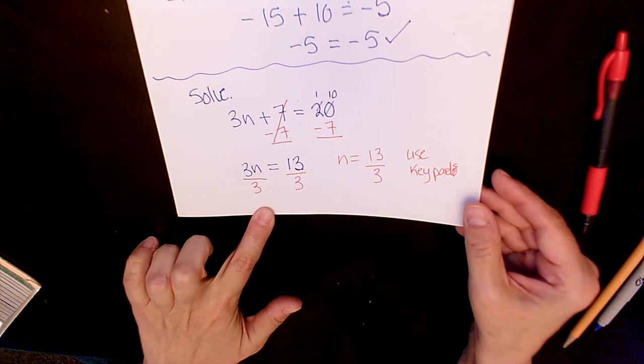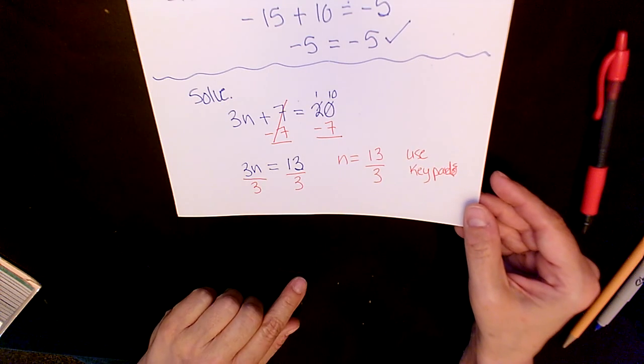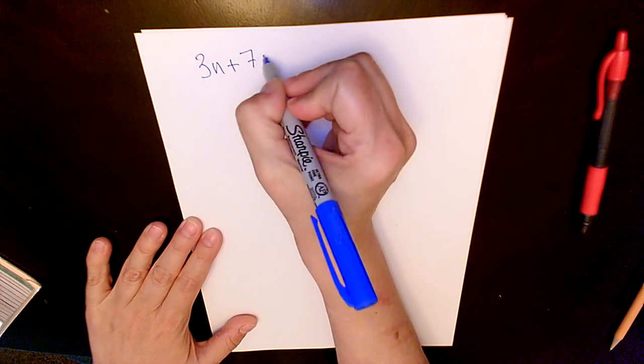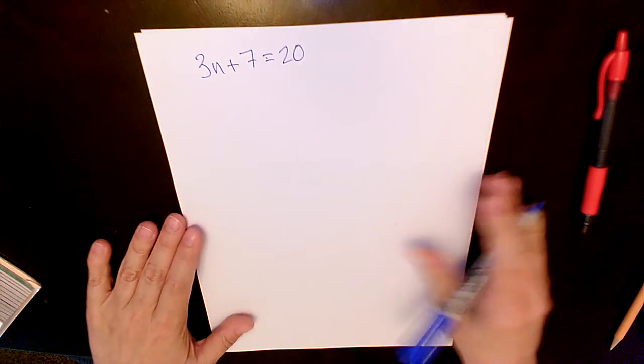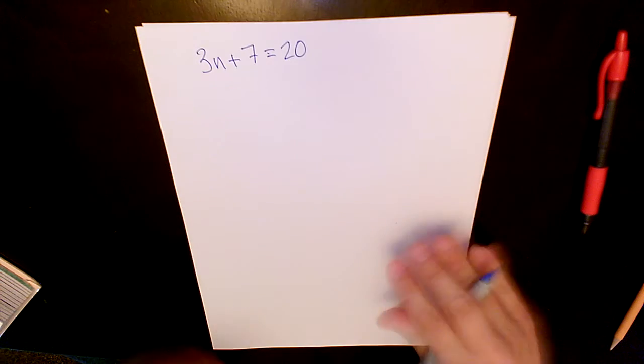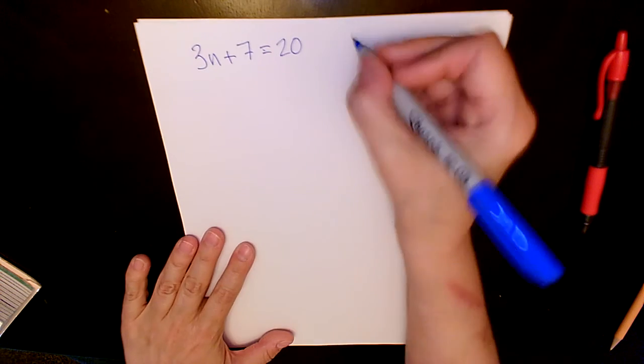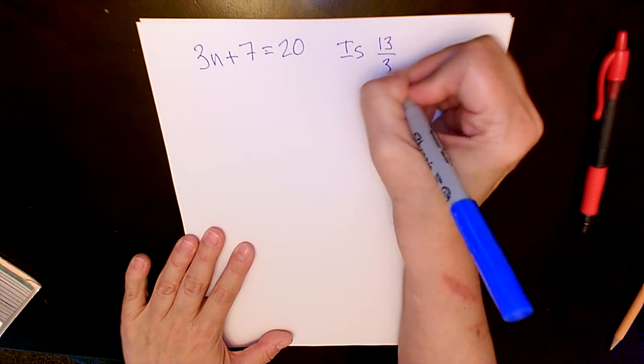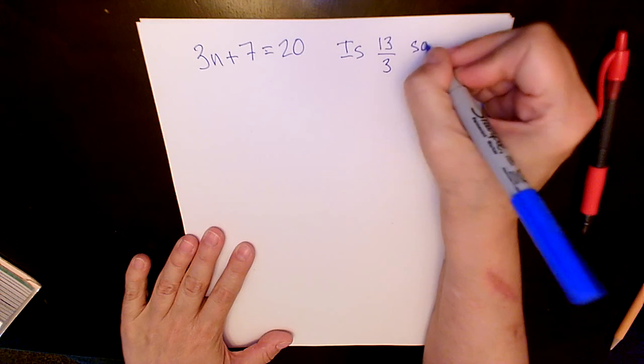Let's do a check on that. Let's see, 3n plus 7 equals 20. We want to know, is 13 over 3 the solution?